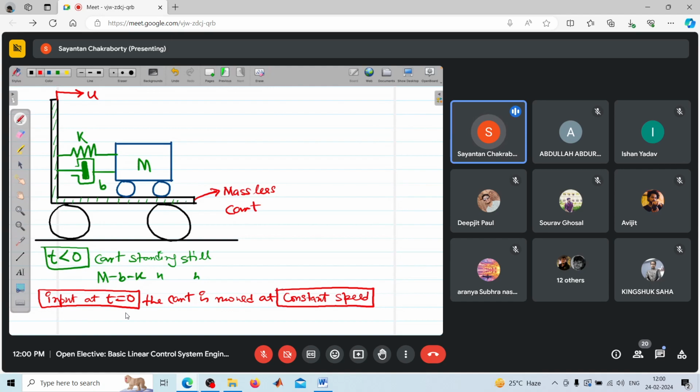Now the displacement of the mass is measured as y. So you can consider u to be the input and the displacement of the mass to be the output. And this displacement is, suppose, measured with respect to a fixed frame of reference, right? Say that is somewhere here.